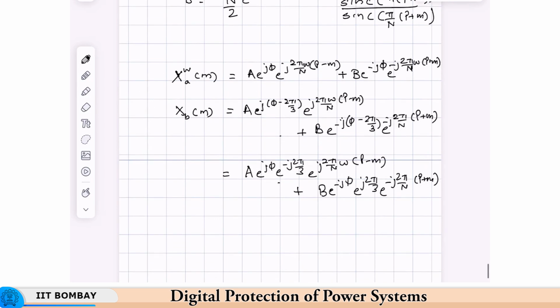Similarly, x c of m, this is for the c phase. This is w, for the wth window.